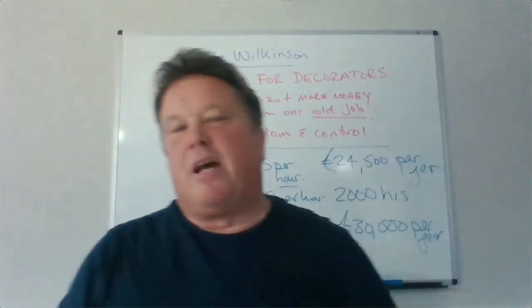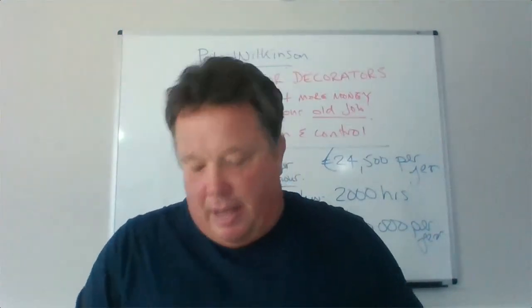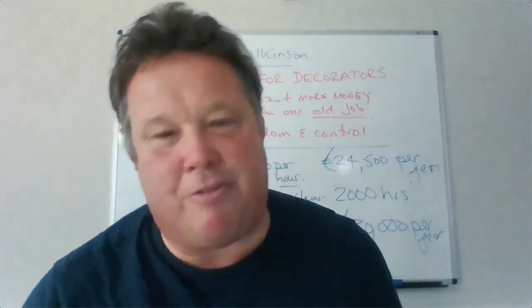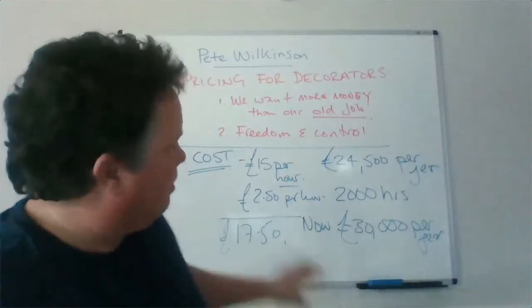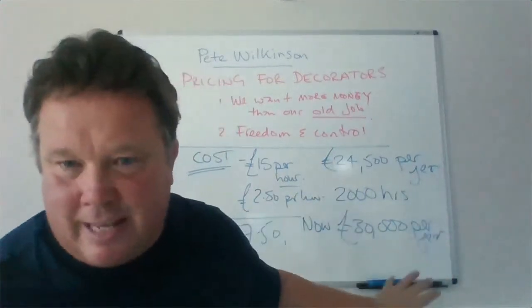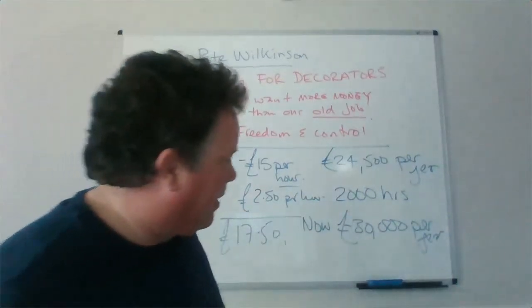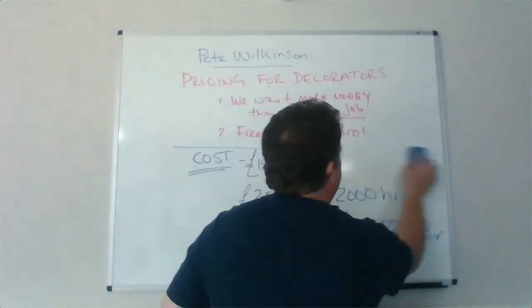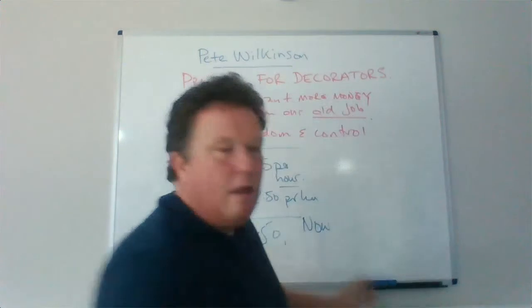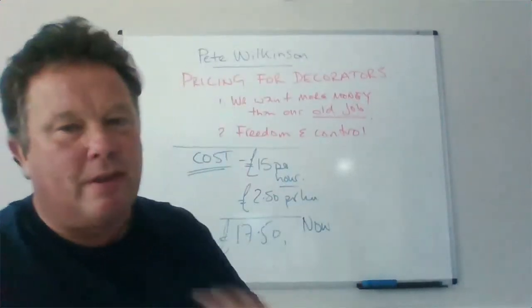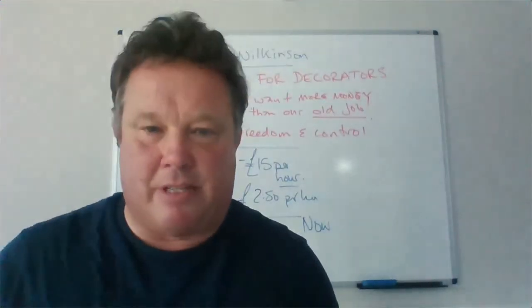Okay. Right, now then. If you want to get away from guessing, this is the last calculation I'm going to show you, but I'm going to use these figures in the example anyway. What you need to do, every job you do, time yourself.